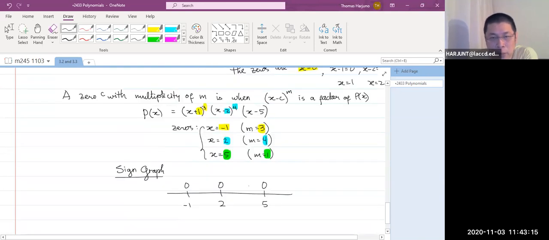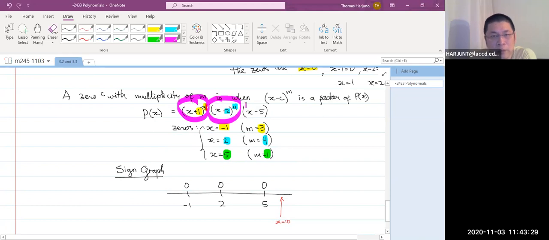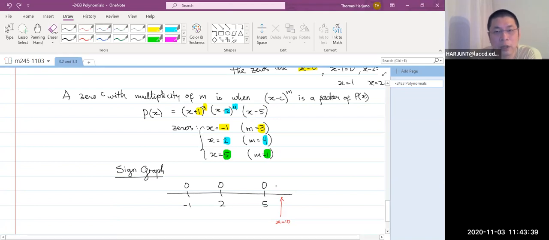Let's say when I put x equals to 10. When x equals to 10, this will be positive, right? This is also positive. Agree? All of them positive. So when x is in the most right interval, then the value here is positive.